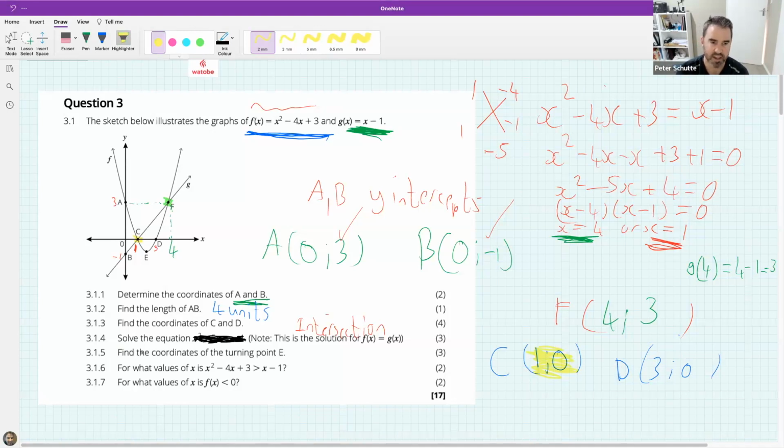Now, 3.1.5, we have to find the coordinates of the point E. But before we do that, what is special about the point E? I want some feedback from the class around what makes E special. What's its special name? What's its characteristic?